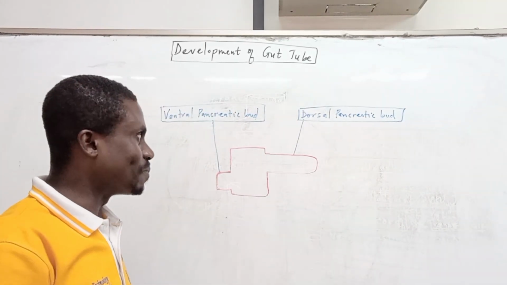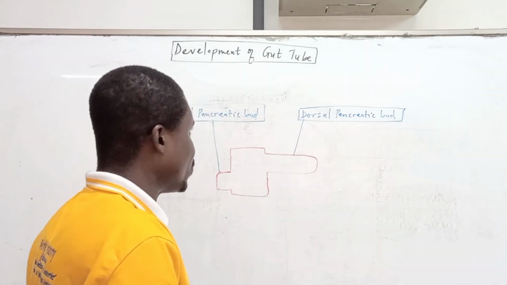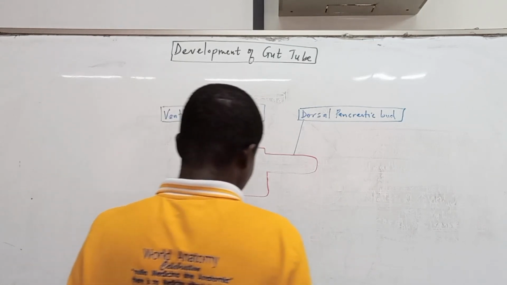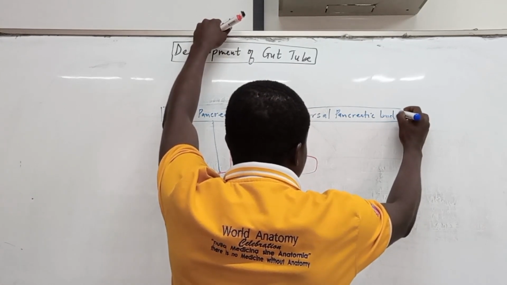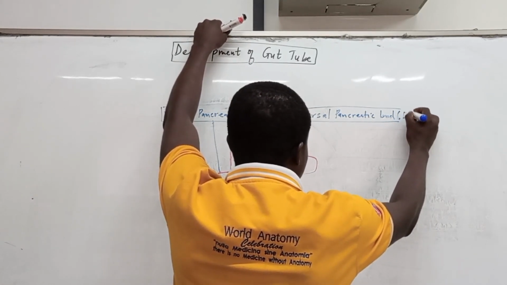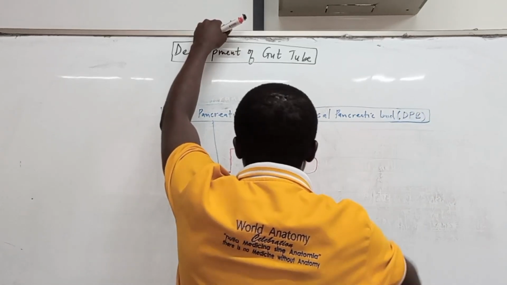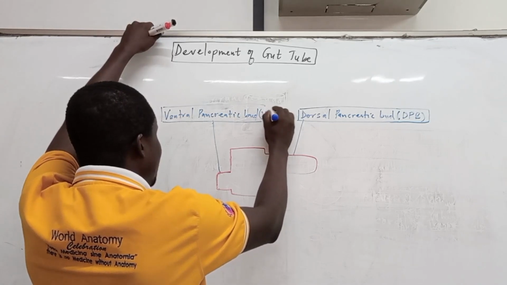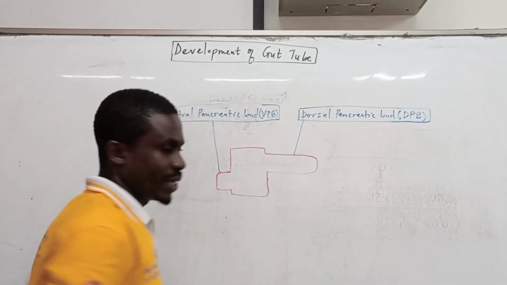Now, this is what we see. To make it a bit easy for us to go through this, let me use an abbreviation for the dorsal pancreatic bud, DPB, and for the ventral, VPB.